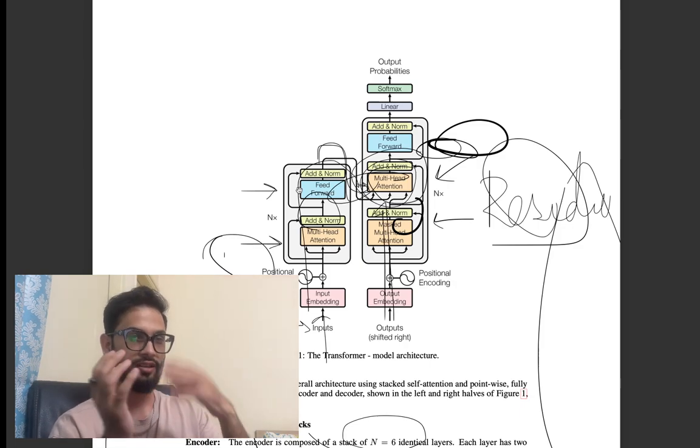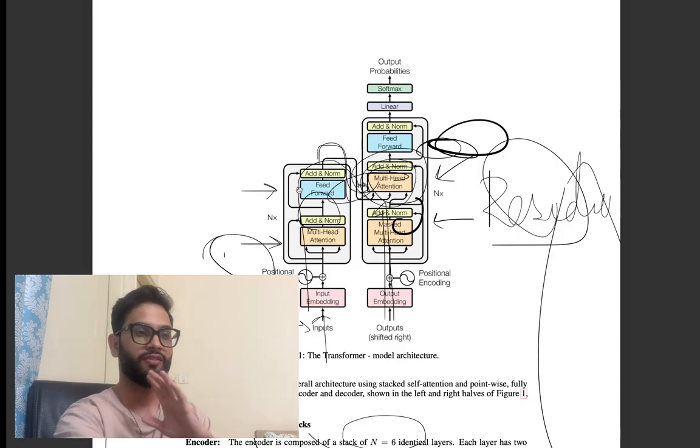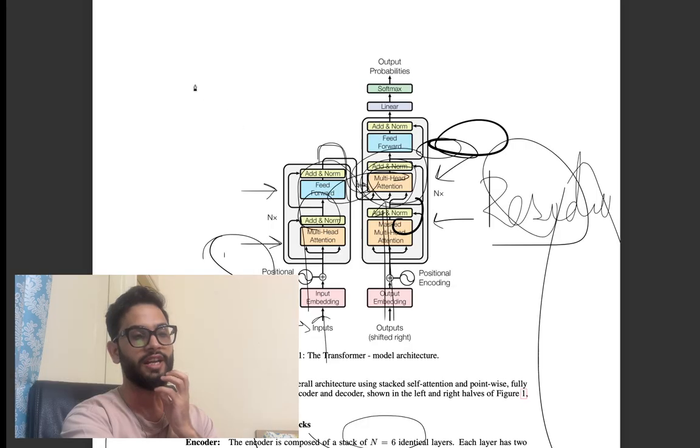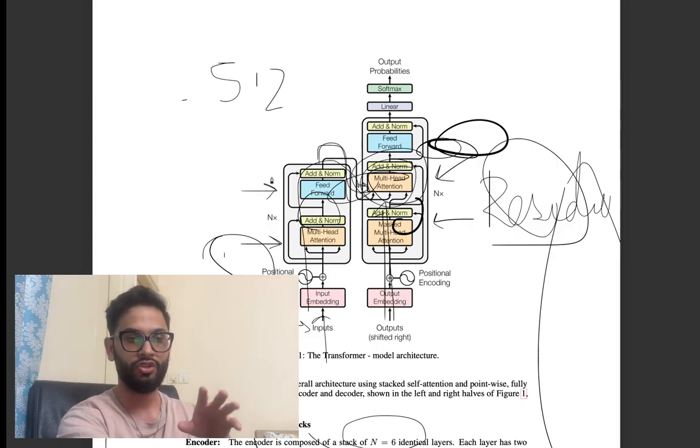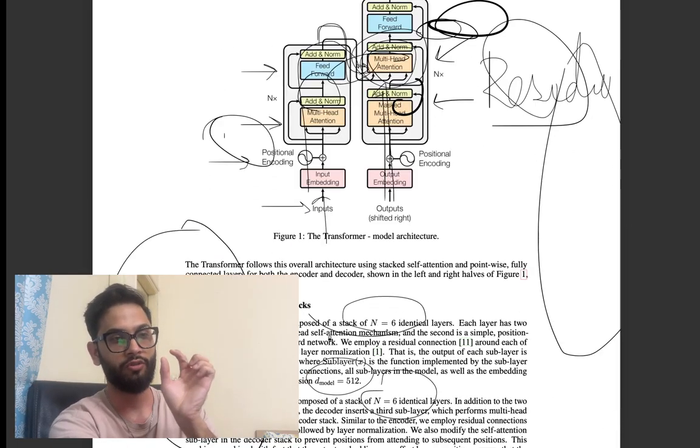So that is how you can imagine it. What happens in feed forward is the multi-head output has dimension 512, and then we scale it 4 times within the feed-forward network, and then we descale it to 512. So 512 is scaled to 2048 and then back to 512.